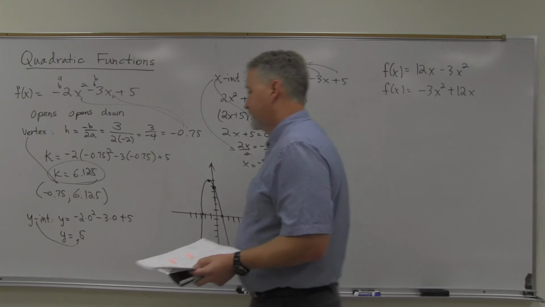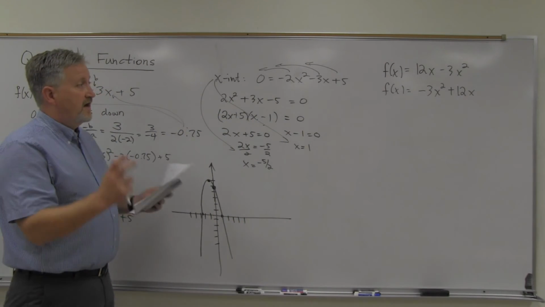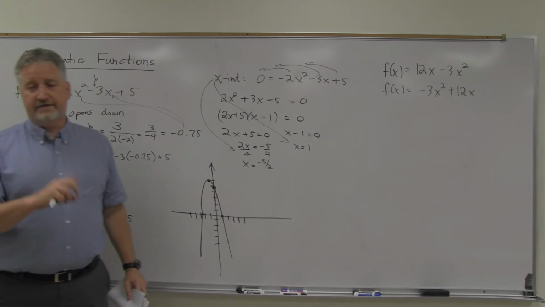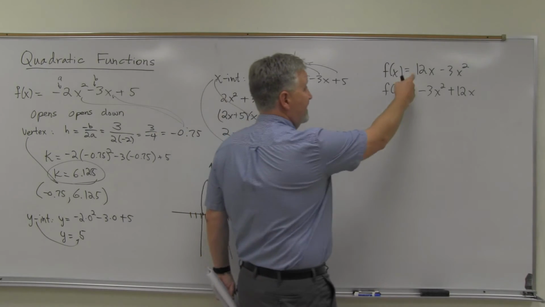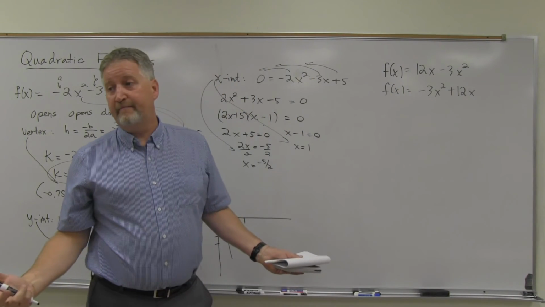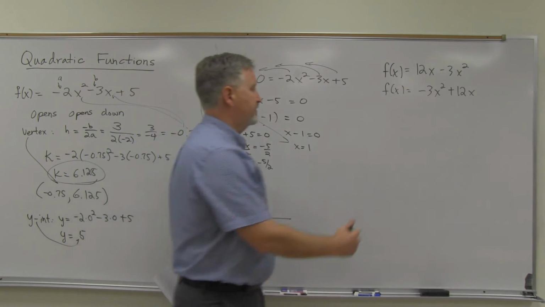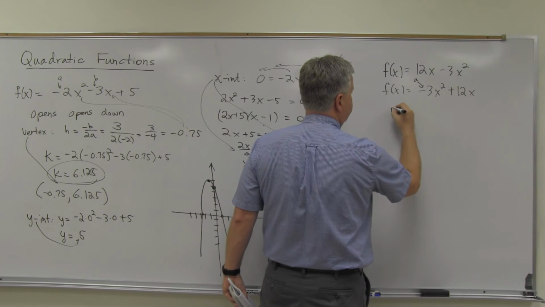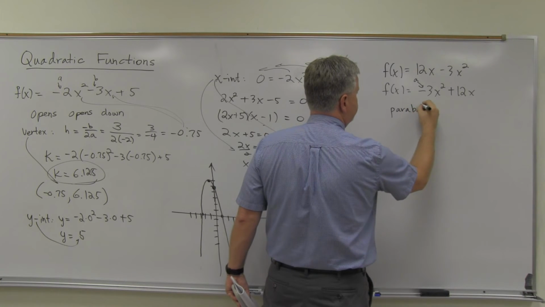But in particular for these, be careful with a and b here, because the a is actually the -3. If we said the a is 12, we'd say this parabola opens up, but actually the a is -3, right? And so this one's going to be opening down.